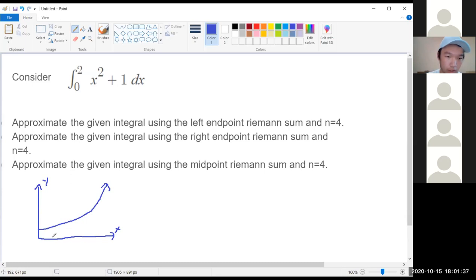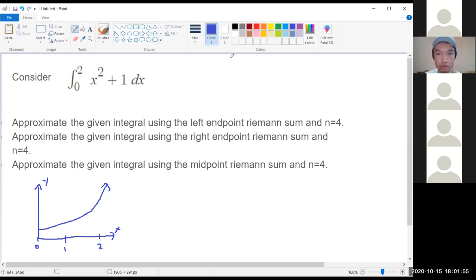Then 0, 1, just put 1 over here. Let's put x equals 2 over here.